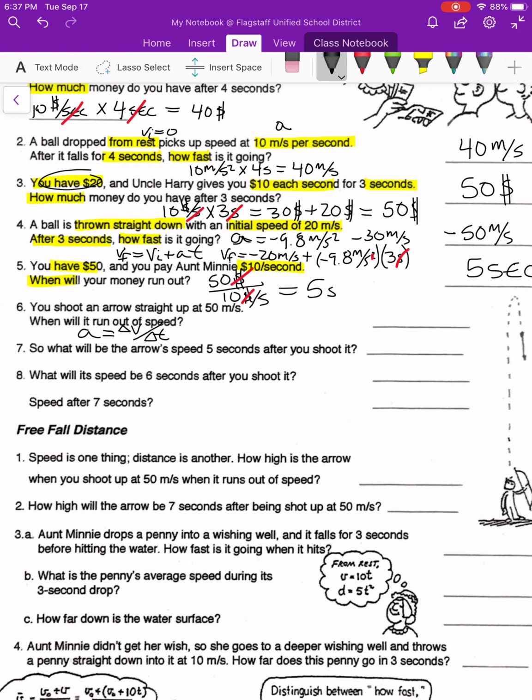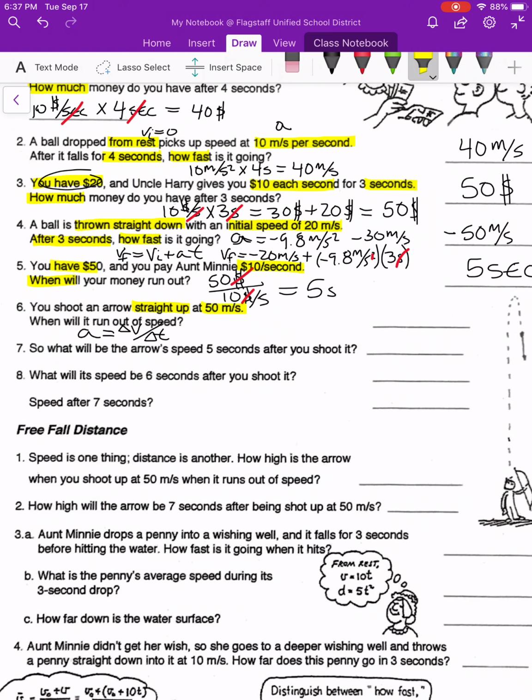You might be thinking, wow, this doesn't look like anything that we need, but let's go through our information again. We shot an arrow straight up. That indicates that we're using gravity, right? Gravity's having an effect on it because it's in free fall. So my acceleration is equal to the gravitational acceleration.